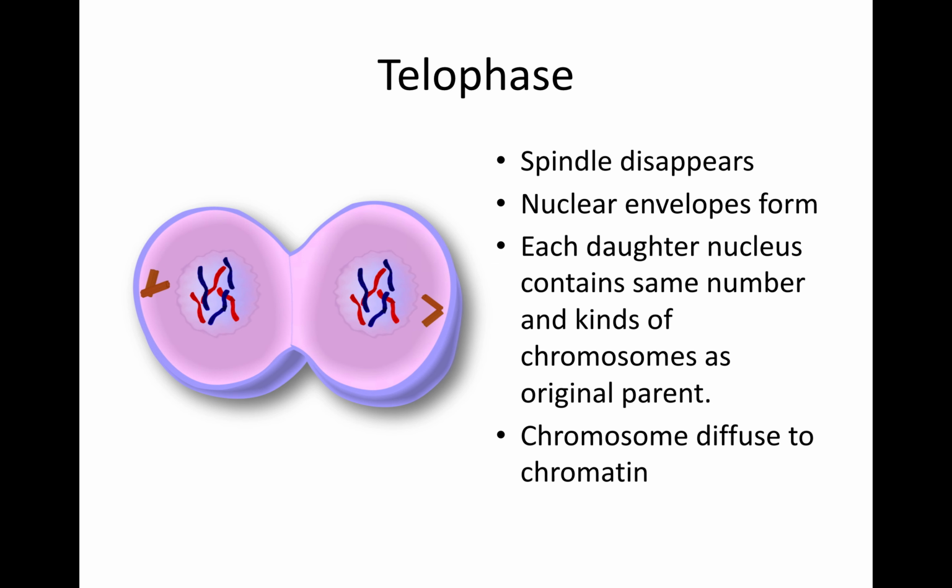The spindle disappears, the nuclear envelope forms back, and the chromosomes, you can say dissolve, you can say uncoil, you can say whatever you want, but chromosomes turn back into chromatin, that loose chromatin. So literally the three things that we learned from prophase happen in telophase. It's just the opposite, okay? Just like when you have to clean up after a party.